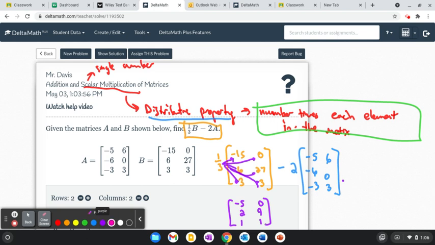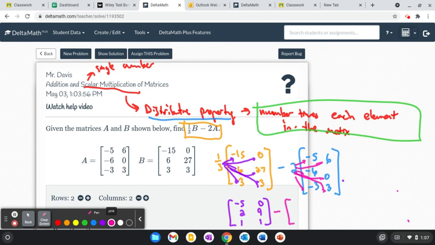Okay, and we have to do the same with the other one. This one, we've got to take the 2 in there to all of them, right? It's got to get multiplied by all those. Now you have a couple options. You could just take the regular 2 in there and multiply them all and keep the minus sign here. Or you can multiply everything by -2 and then change that to a plus sign. What you don't want to do is multiply everything by -2 and then subtract.